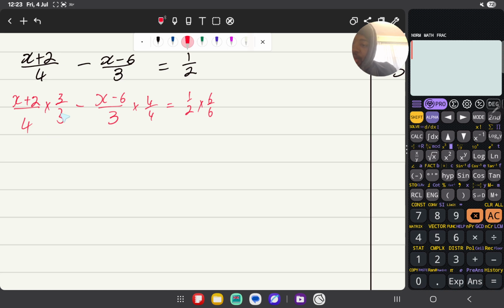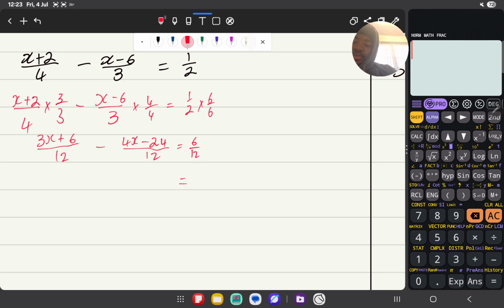Now it's your multiplication time. You have (3x plus 6) divided by 12, minus (4x minus 24), all over 12, equals 6 over 12.